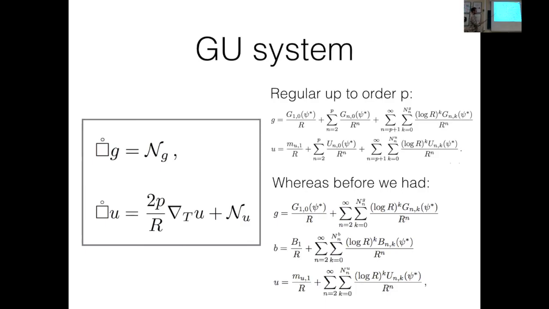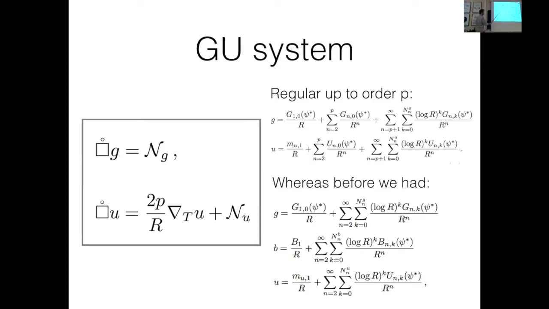Consider this hypothetical system in which you only have goods and uglies of this very special kind. Whereas before, and this is basically what I showed you before, you had goods, bads, and uglies to leading order, and then any number of logs from second order on.